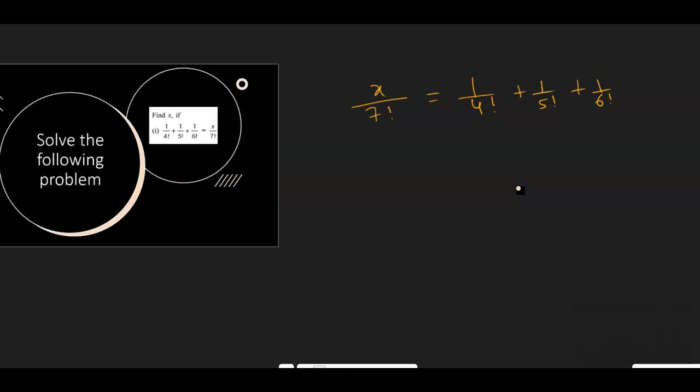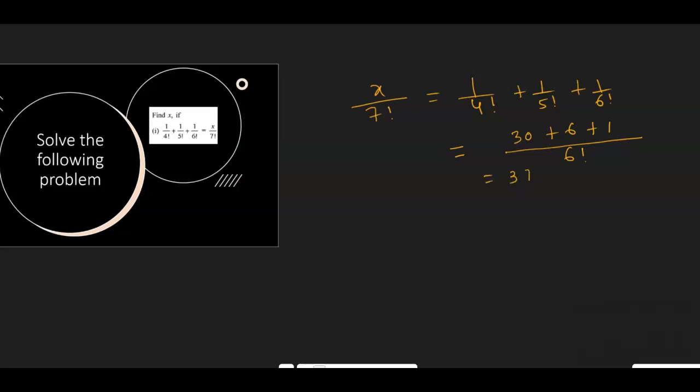Their LCM, just like the previous one, will be 6 factorial. Then how can we add all these here? It will be better to express in terms of 4 factorial, but 6 factorial is 6, 5 into 4 factorial. So we will be taking 30 here, 6 here and 1 here.